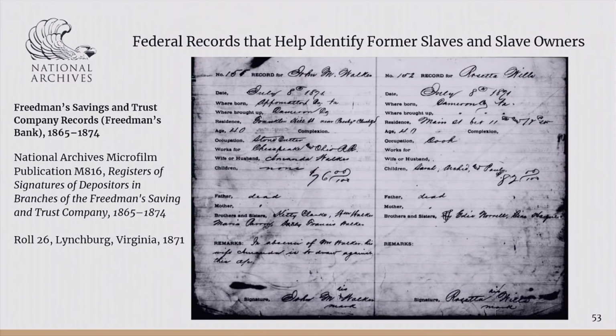And at the bottom of that same page, John Walker, also from Appomattox, has a wife, no children, his parents are dead, but it indicates some siblings. So besides the 67,000 depositors, there are a whole lot of names in the register of depositors, and so it's a very valuable source to help fill out some family trees.